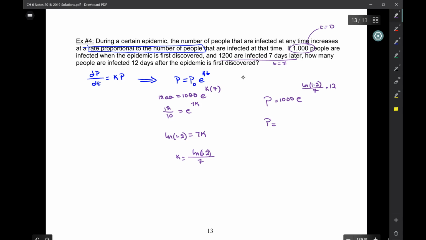So what is it exactly? 1,366 point something. Because this is the number of people, I round down. So it's 1,366 people. 0.9 is not one person.